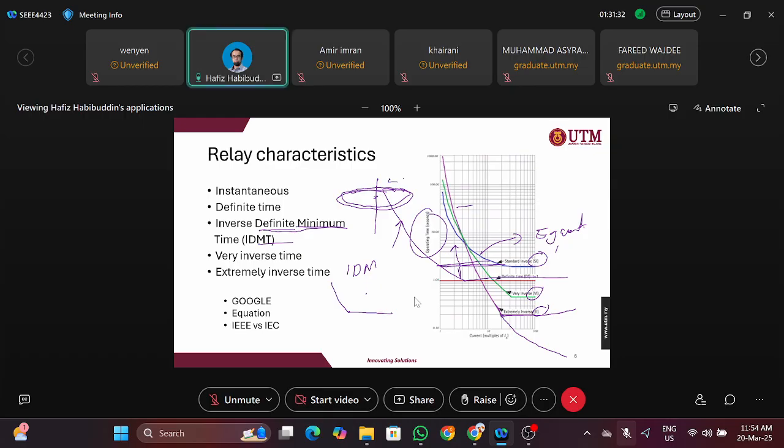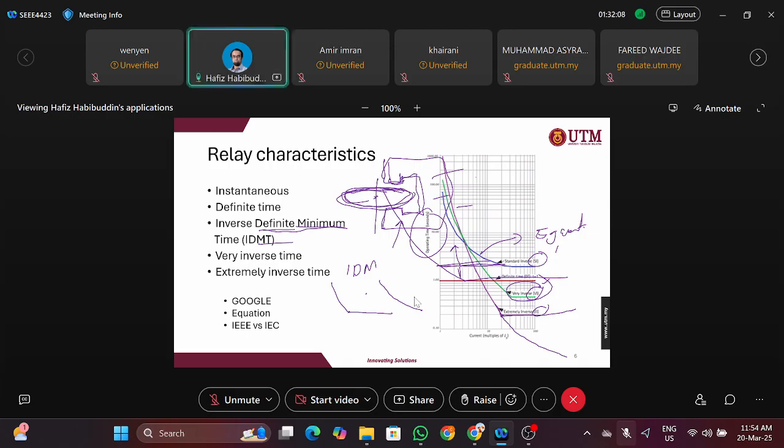The core and the materials being used, and so on, will determine the characteristic. So for one particular physical electromechanical relay, you have a fixed size, fixed material and dimension of the core and so on. So you have a fixed curve for that. And then you'd design a different relay for very inverse with different dimension and so on. So that used to be the case.